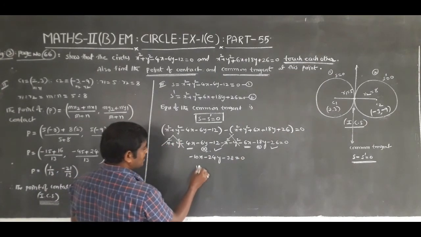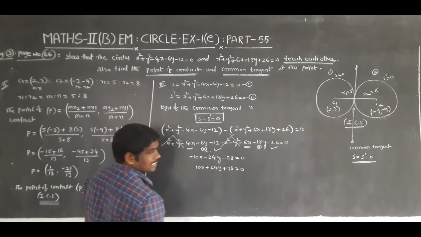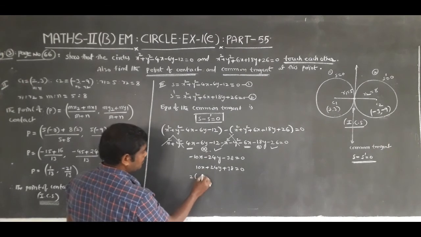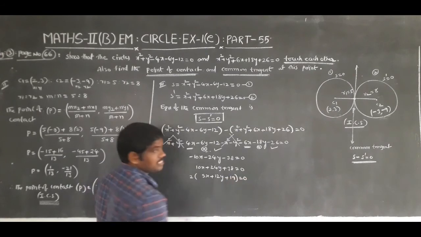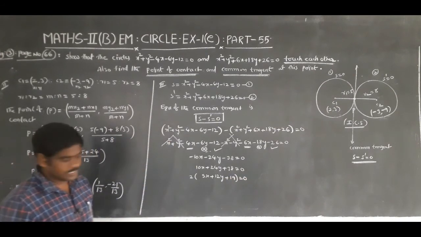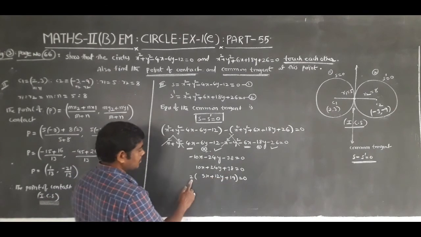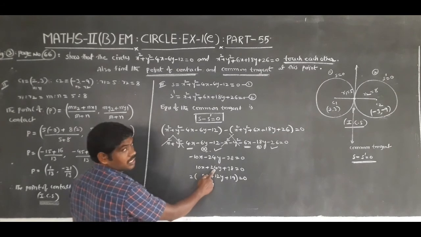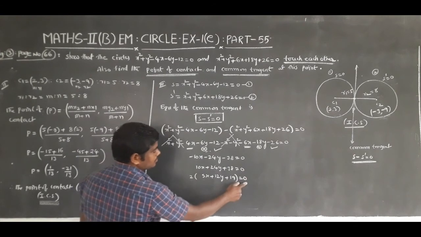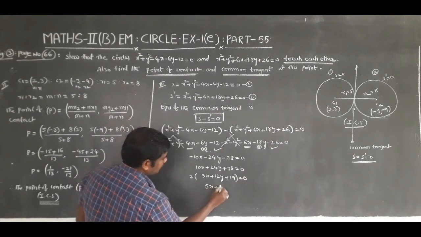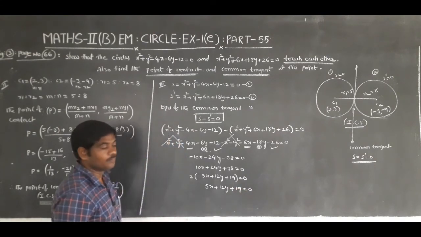Multiply with minus: 10x plus 24y plus 38 is equal to 0. 2 common: 2 5s are 10, 2 12s are 24, 2 19s are 38. Taking to the right side, 0 by 2 is 0. So 5x plus 12y plus 19 is equal to 0.